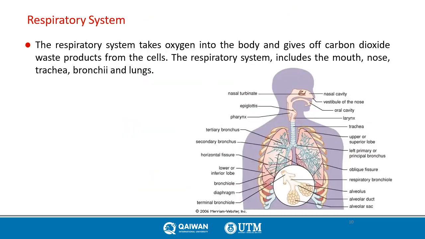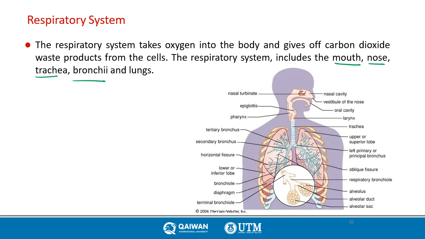The respiratory system takes oxygen to the body and gives off carbon dioxide, a waste product from the cell. The respiratory system includes the mouth, nose, trachea, bronchi, and lungs.